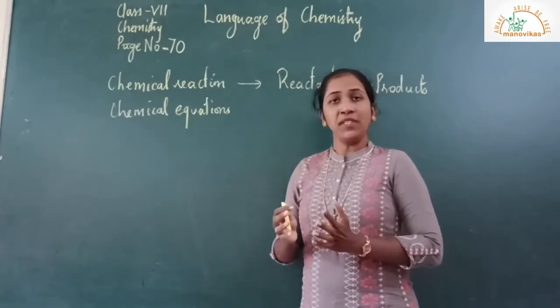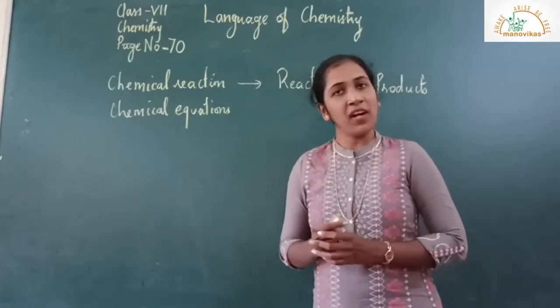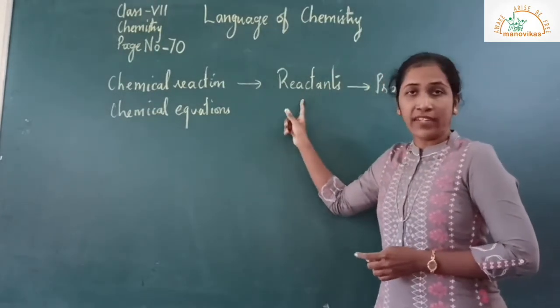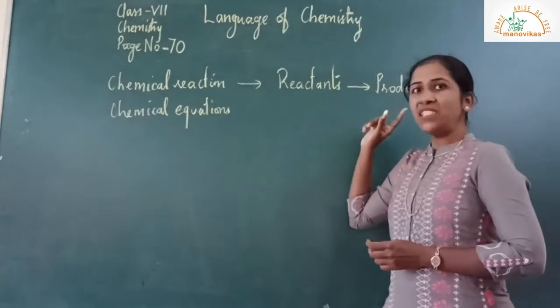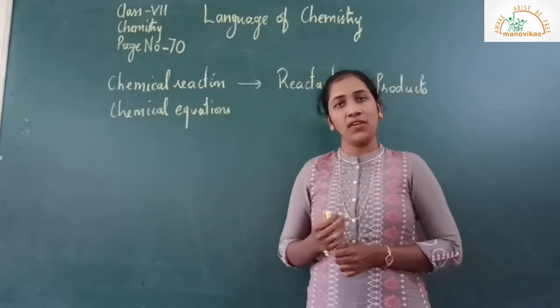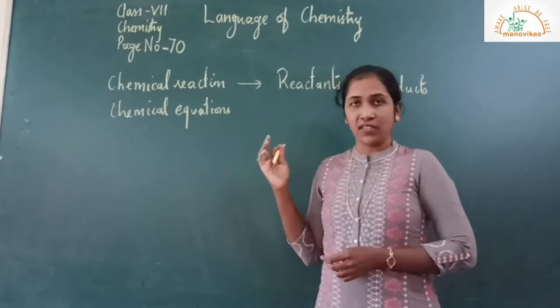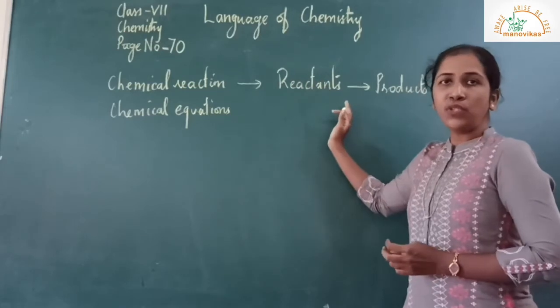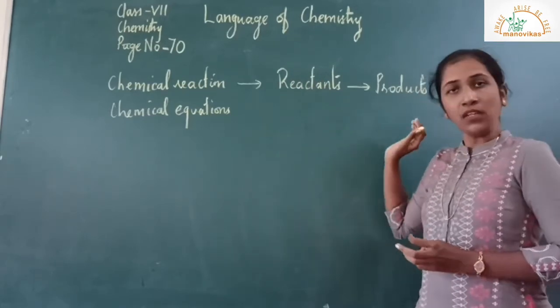The elements or compounds which take part in a chemical reaction, those are considered as the reactants. And the elements and compounds that are formed after the chemical change, that we call products. Okay? So once we get the reactants, after it undergoes a chemical change, what we obtain is a product.